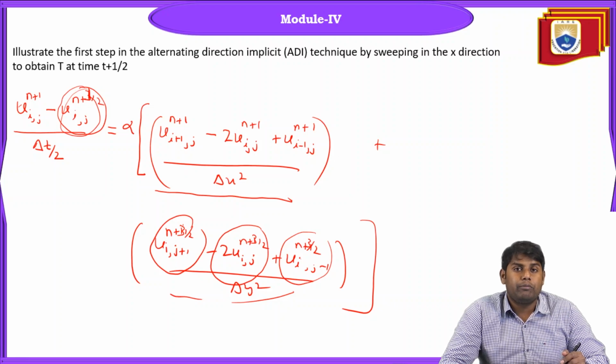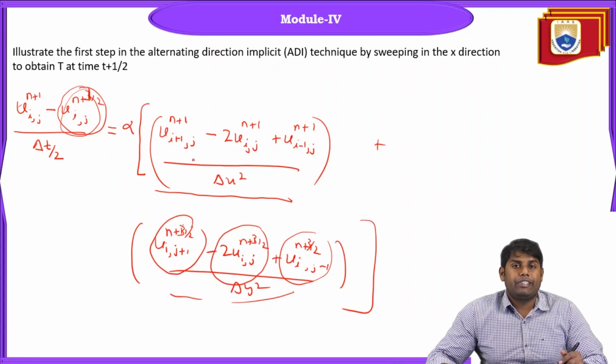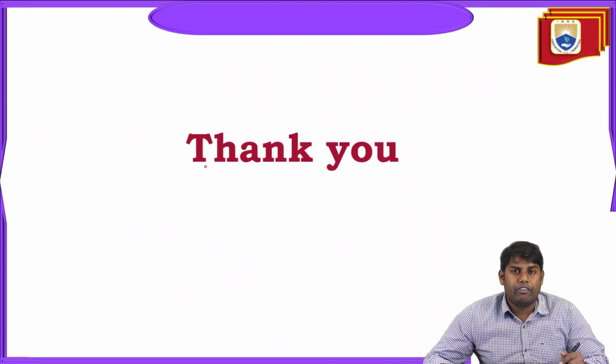So within a full time step, from t equal to n to t equal to n plus 1, we get full initialization along x direction and along y direction. Therefore the ADI method is basically a split method, where to guess the initial values along x we take it separately, and to get the initial values along y we take it separately. So this is the ADI scheme which we have seen.